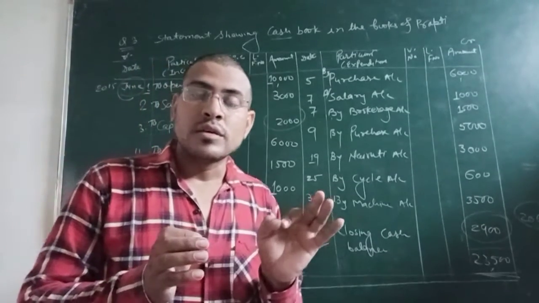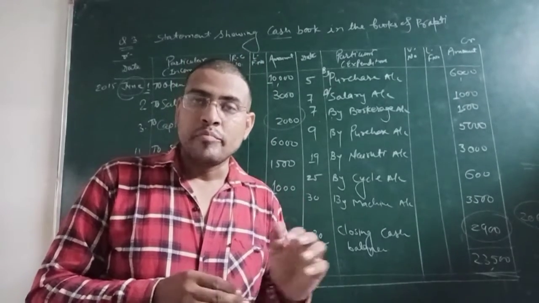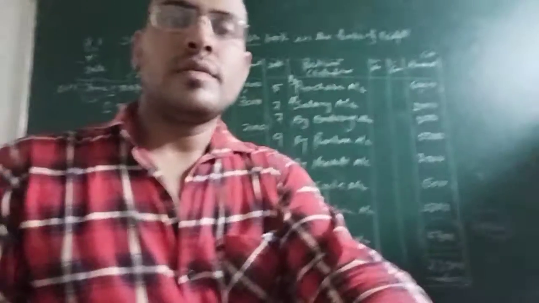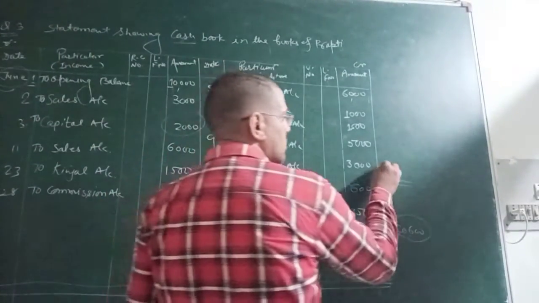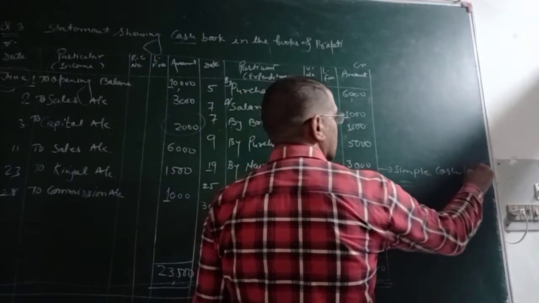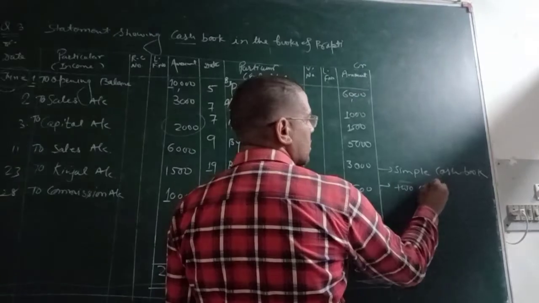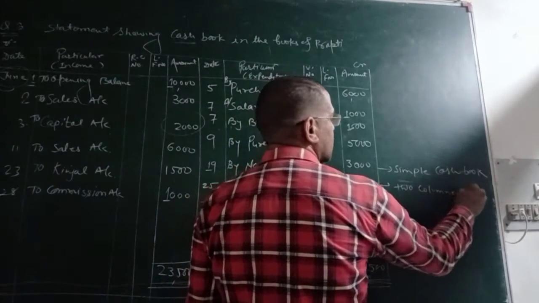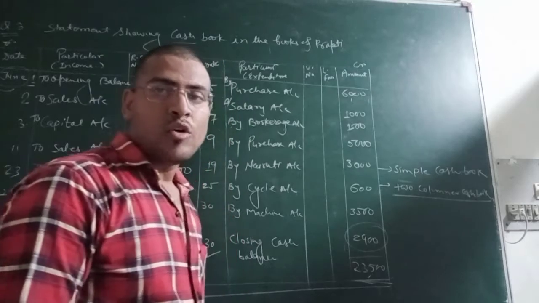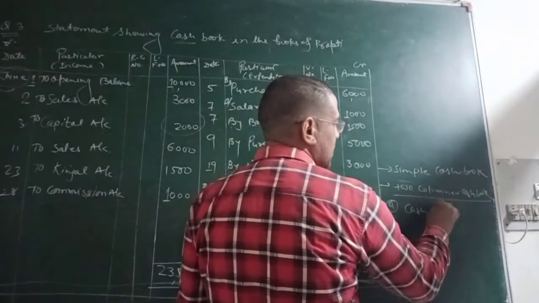Friends, there are 3 types of cash books that we prepare. The first one is simple cash book. Second one, 2-columnar cash book. Here we have 3 categories of 2-columnar, which are cash and discount.